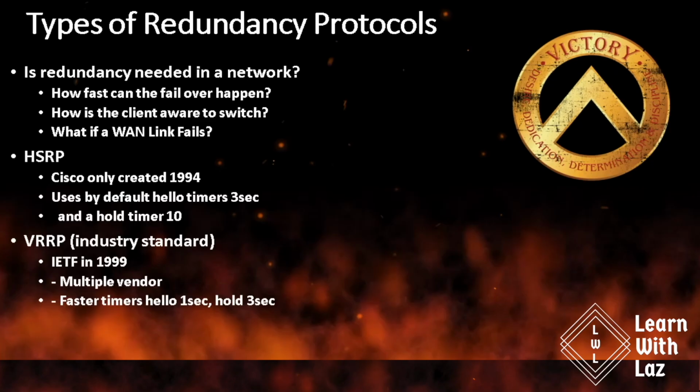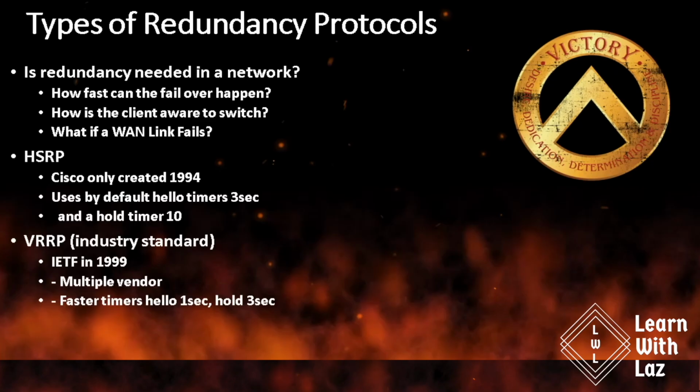That's looking at, let's say, within our own subnet, or within just one client subnet. What if the WAN link fails, the other side of the router? What happens then? How does it know? Well, there's something called tracking, and we'll talk about it and do it in the lab.